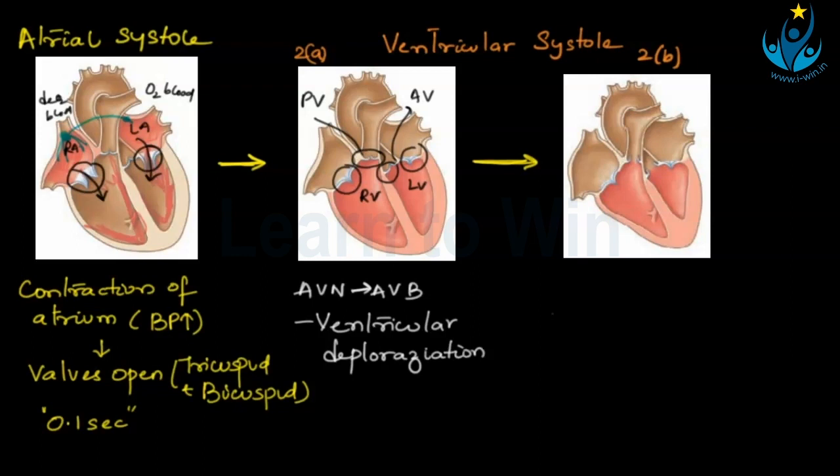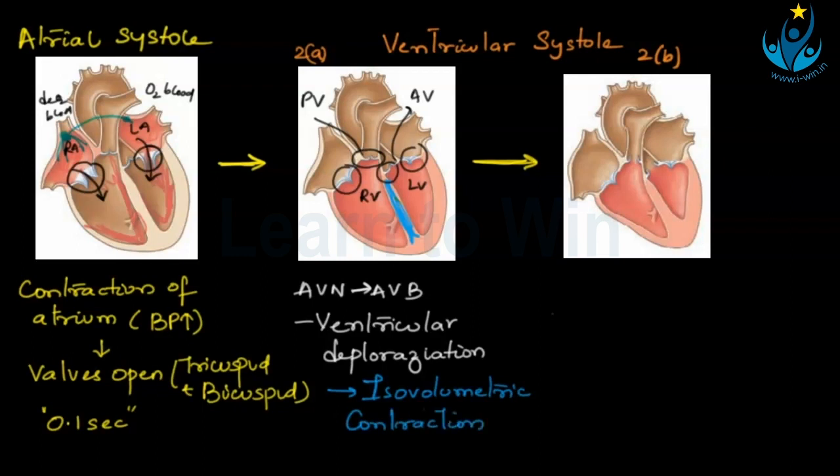That means the entire ventricles have not started to depolarize. It has only reached the bundle of His and the fascicles, and not yet the Purkinje fibers. So this condition is called isovolumetric contraction.